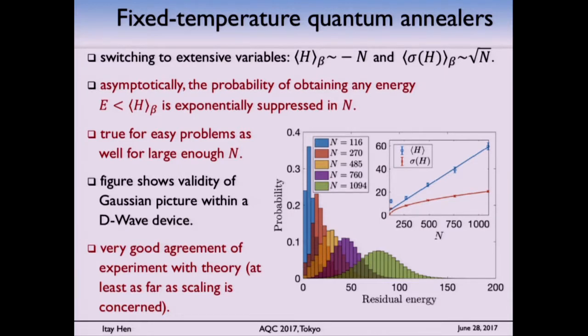So it just means that the overlap with the ground state manifold for large enough problems is always exponentially suppressed. And it's true actually for easy problems as well. Doesn't matter what the problem is, as long as the number of edges scales with the number of spins, and the classical gap is 1 or some constant.